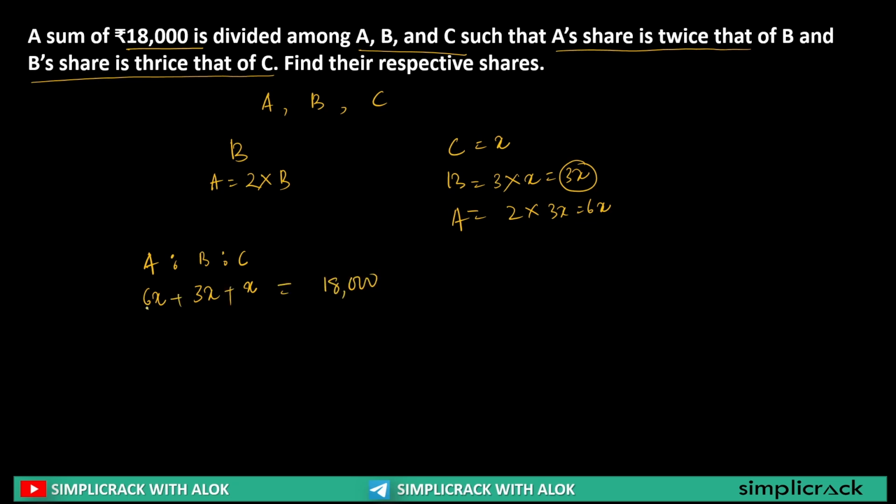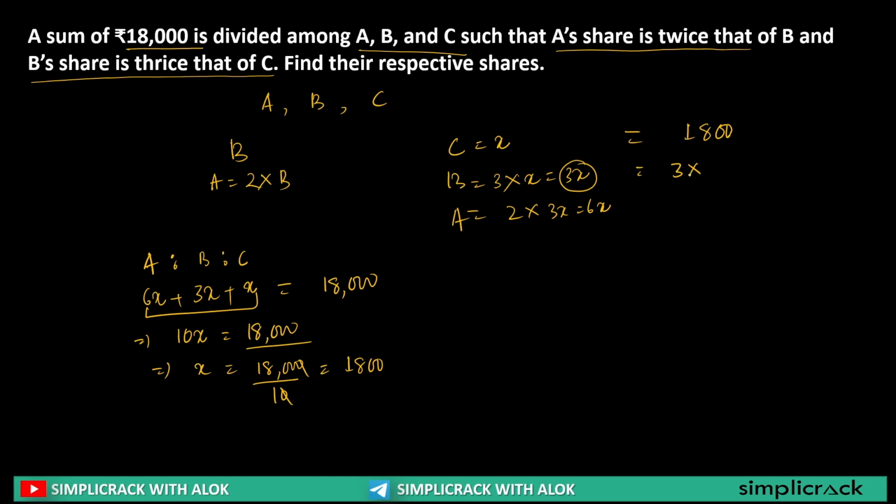If I add this, 6 plus 3 plus 1, that is 10. 10x is equal to 18,000. x is equal to 18,000 divided by 10. So the zeros cross out. It is 1800. So the share of C is 1800, because x is 1800.